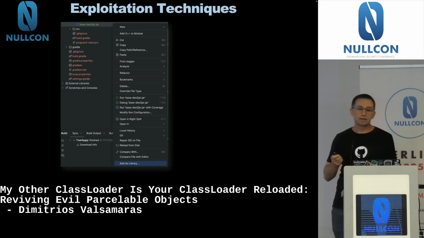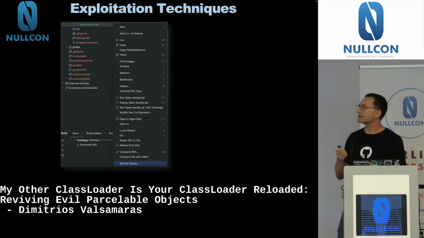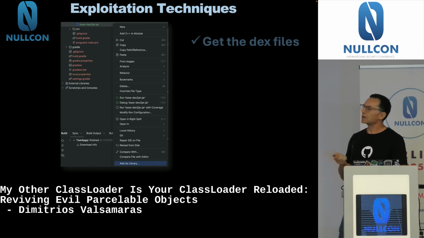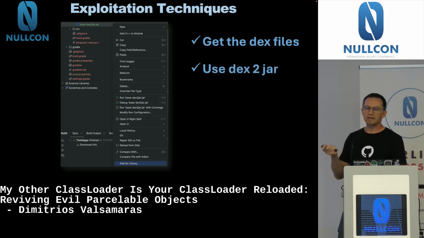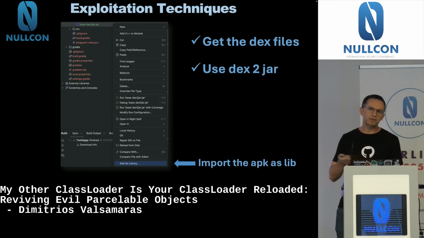So the next way to create this kind of object, the easiest way I guess, is to get the dex file or the APK file for which you want to create the object, use a tool like dex2jar to create a jar file out of these dex or APK files, and finally import these files into Android Studio, for example. This works for any size of class.